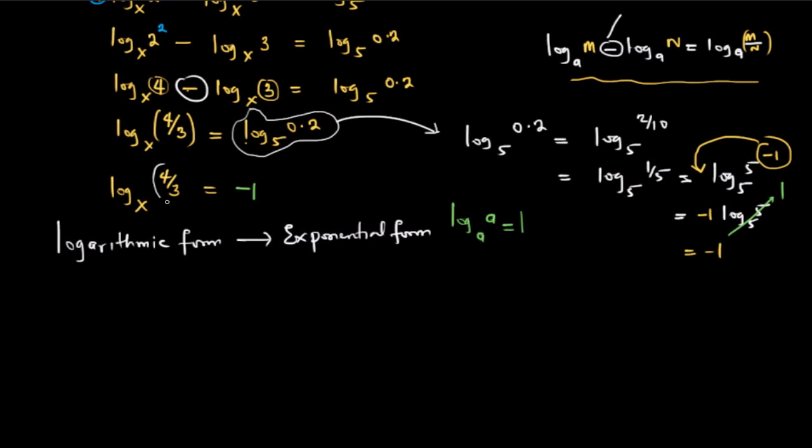Whatever you have here takes the position of what you have at the right hand side, and whatever you have at the right hand side takes the position of the original number there. In other words, this becomes x. Now -1 takes the position of 4 over 3, so this becomes -1. Now this equals, so 4 over 3 takes the position of -1, so this becomes 4 all over 3.